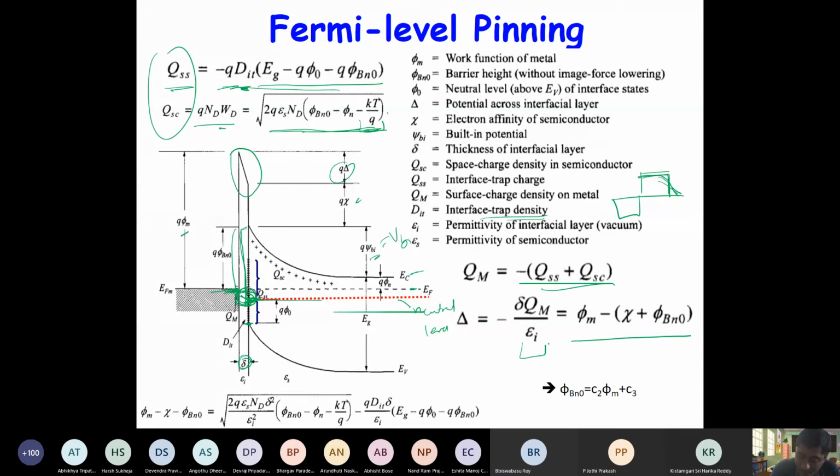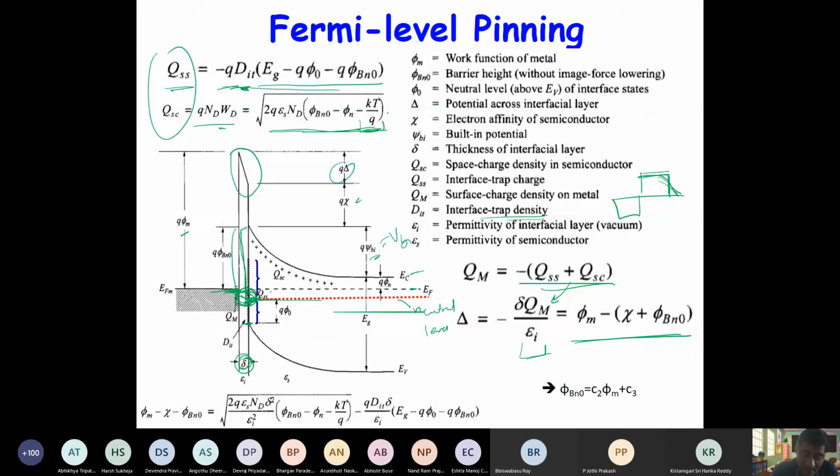Now when you equate these two, you substitute phi ss plus phi sc here in phi m, and you equate right side with the left side. So you get this kind of expression, right? Now if you assume, because this interfacial layer is very small, of the order of a few angstrom, so if you ignore this charge, then it will be exactly the same as the metal semiconductor junction, right?